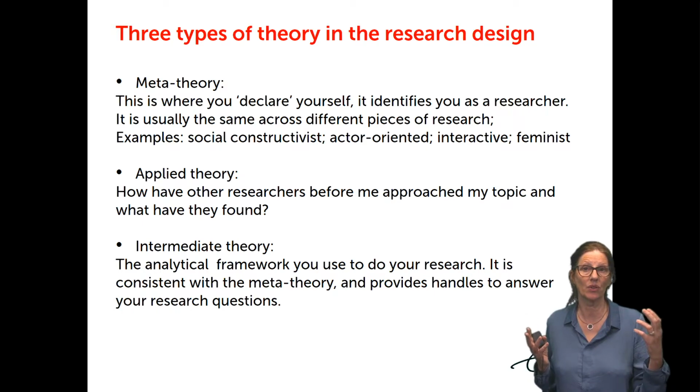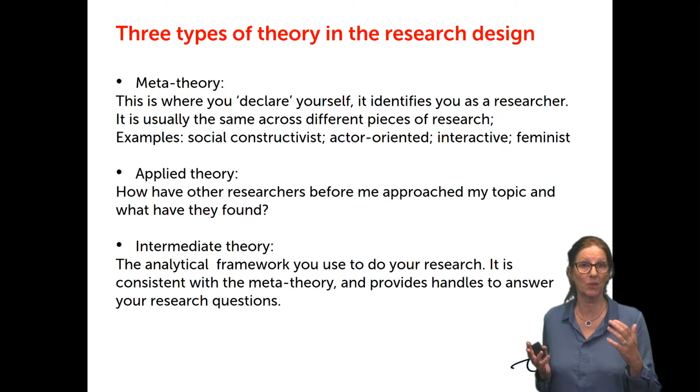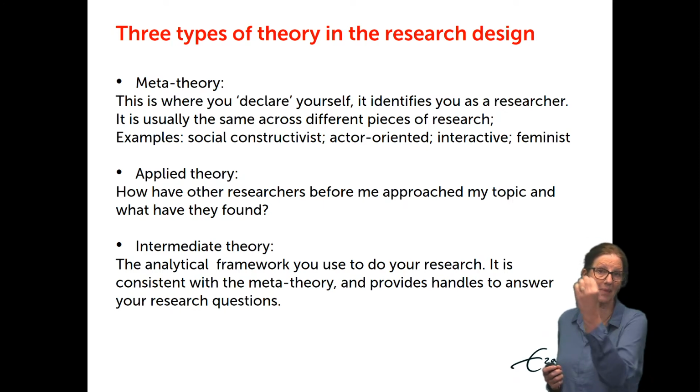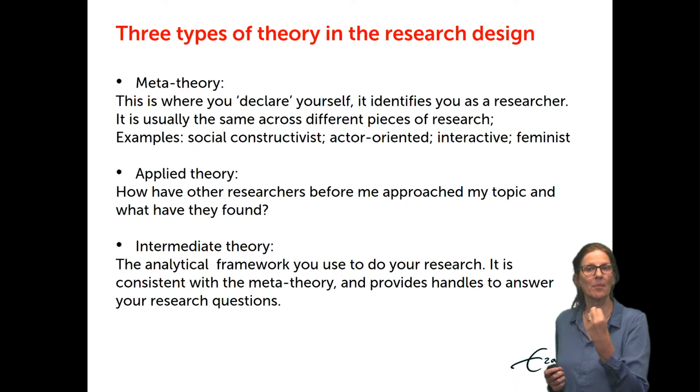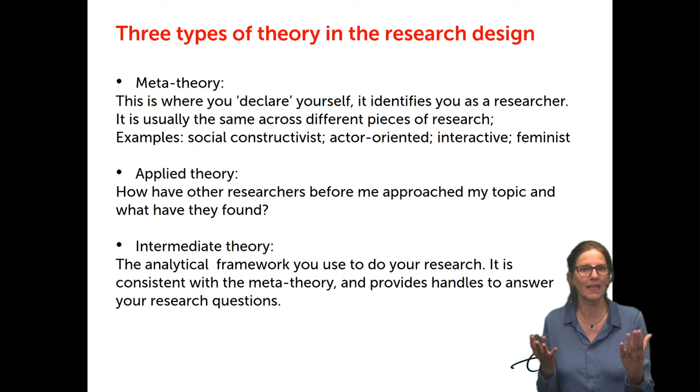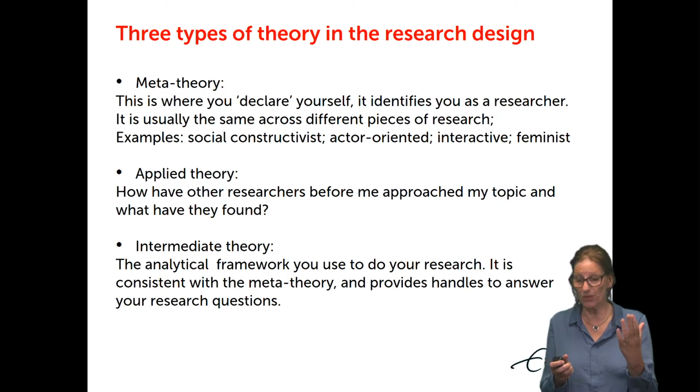That leads you to the analytical framework that you will use for your research. This intermediate theory is consistent with the meta theory. It flows from there, but it is also more concrete and provides handles that help you to answer your research questions.